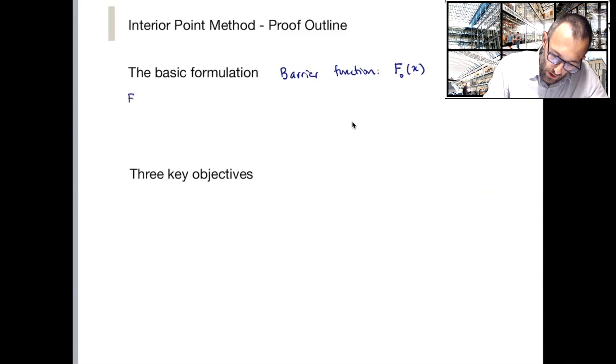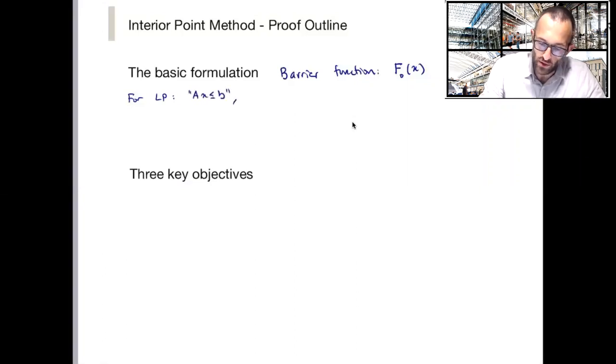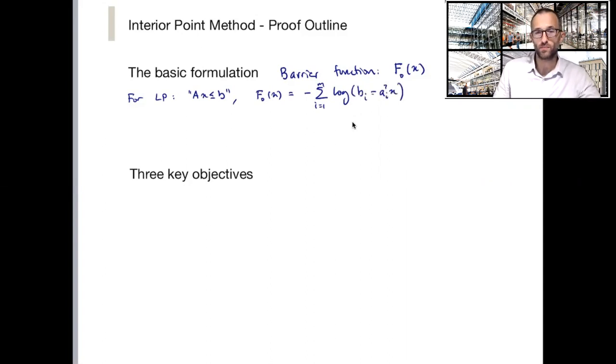So for linear programming, and in particular for the linear programming constraint Ax less than or equal to b, we're going to use the barrier function f0 of x equal to minus the sum over the m constraints that we have, i equals 1 to m, of log of b_i minus a_i transpose x, where a_i transpose is basically the ith row of the matrix A.